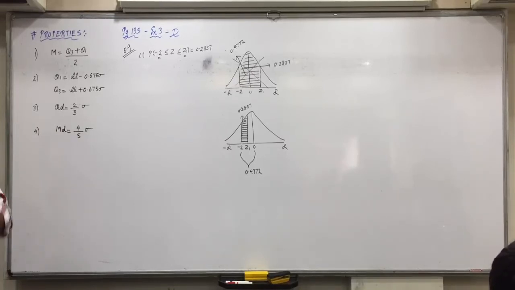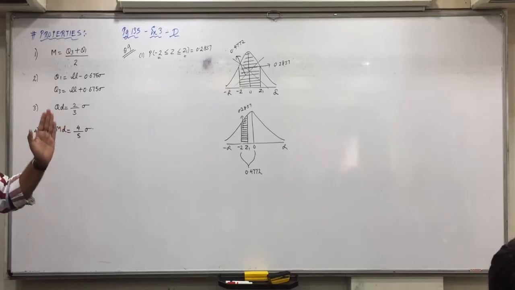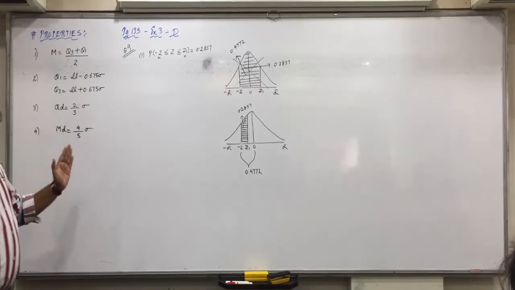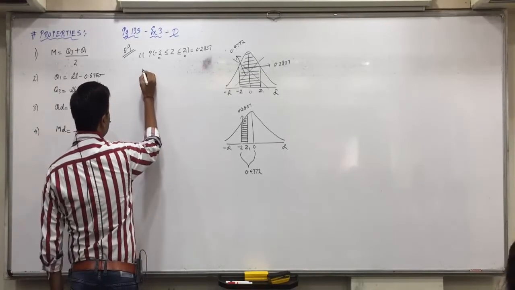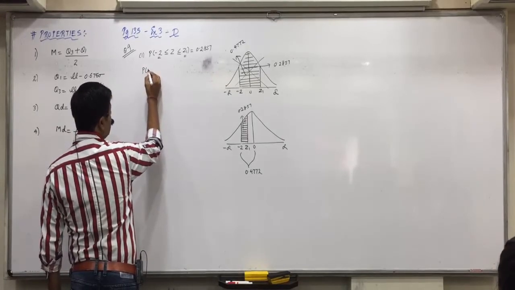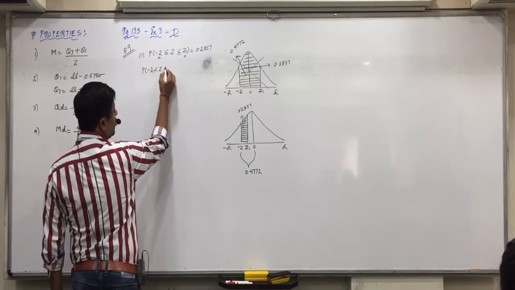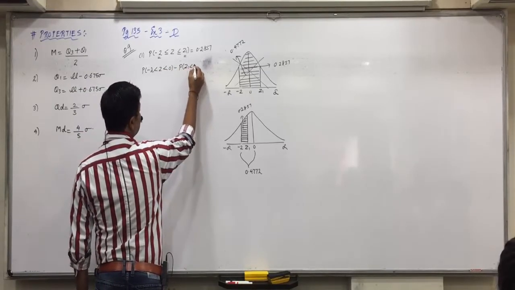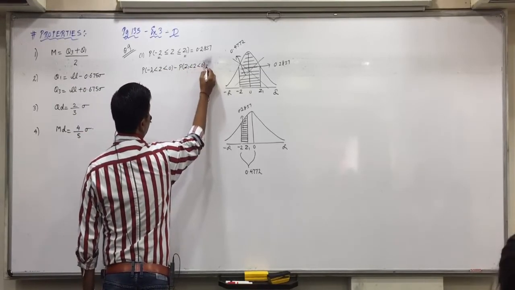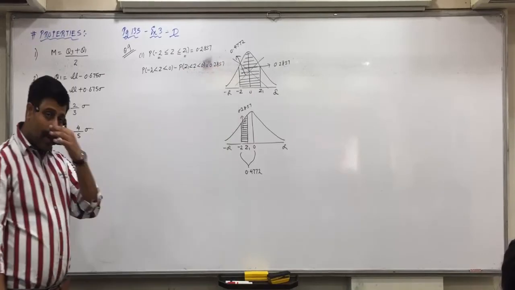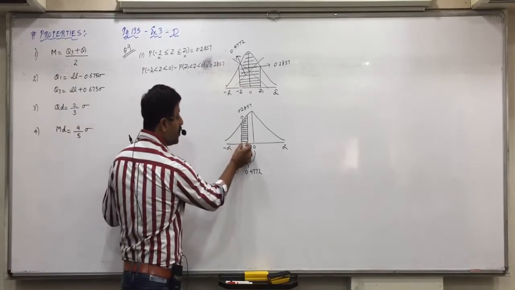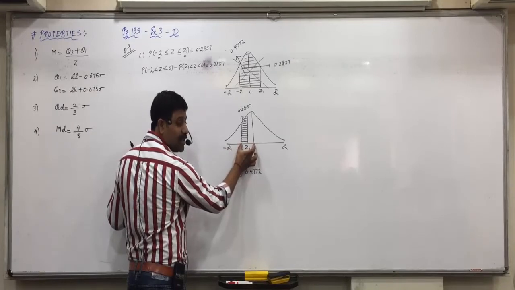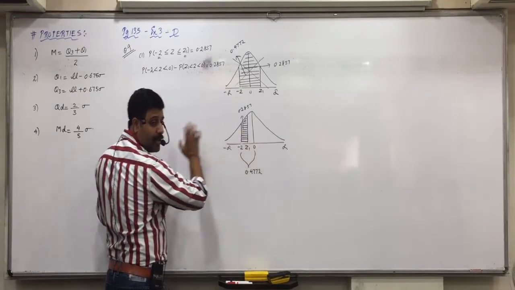Everyone has made the diagrams? Now tell me, in the second diagram shading on only one side, so sum or difference? Yes. In the second diagram, can I say P of minus 2 less than z less than 0 minus P of z1 less than z less than 0 would be 0.2857. Okay, how would you get this shaded region, the difference of which two areas? Minus 2 to 0 and z1 to 0.